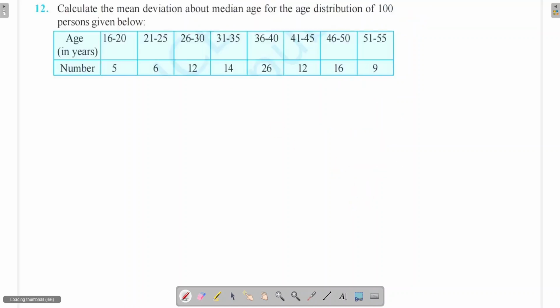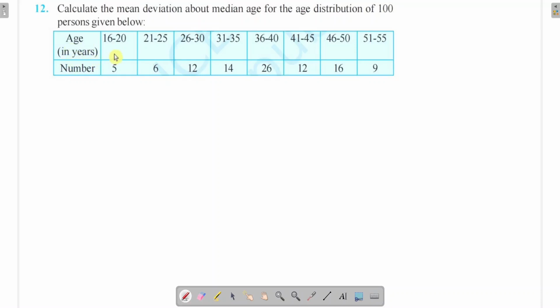Okay, so let us go to the next problem. The 12th problem is calculate the mean deviation about median age for the age distribution of 100 persons given below. Okay, so let us start solving the problem. Before that, let us look at the table which is given.